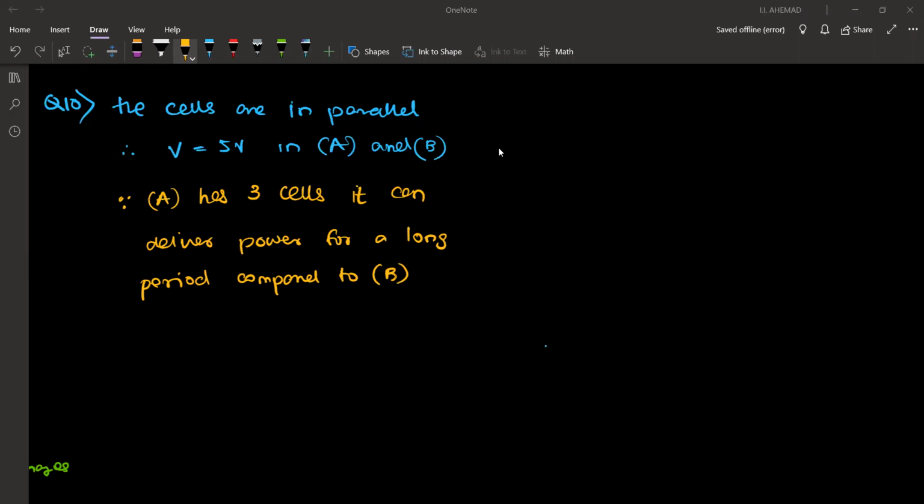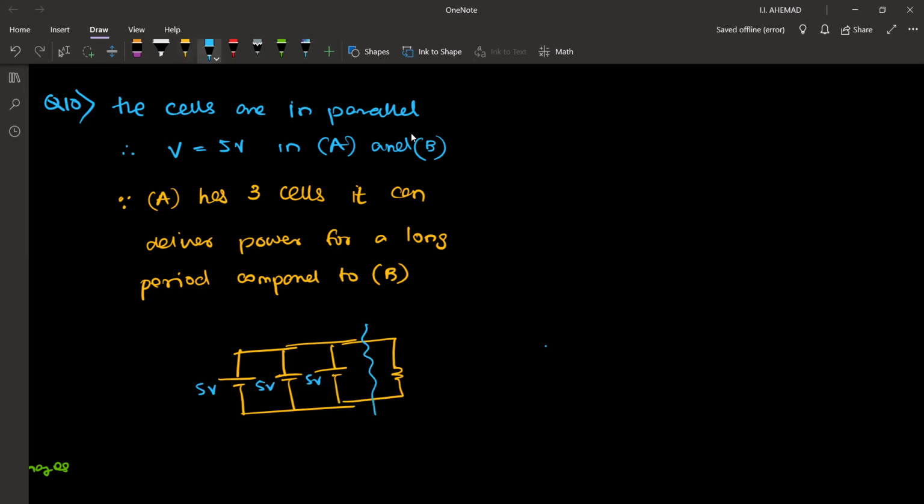Okay, Shahama, here we have 3 cells connected in parallel and they are identical. So this is 5 volt, this is 5 volt, and this is also 5 volt. What can I tell about the potential difference between these 2 points?